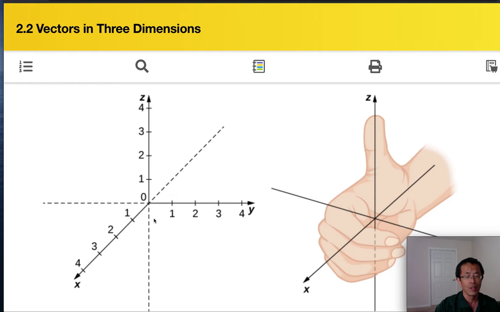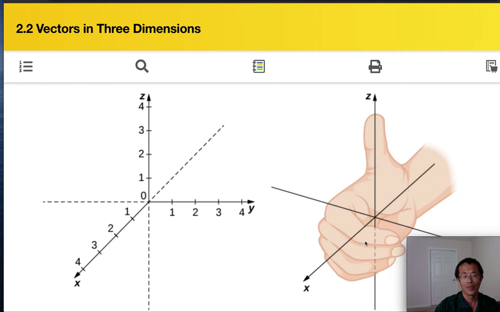Or, to say it more accurately, you see the figure to the right, and there is the so-called right-hand rule. You use your right hand, with your fingers pointing to the x-axis, and then fold your fingers to move the x-axis toward the direction of the y-axis.